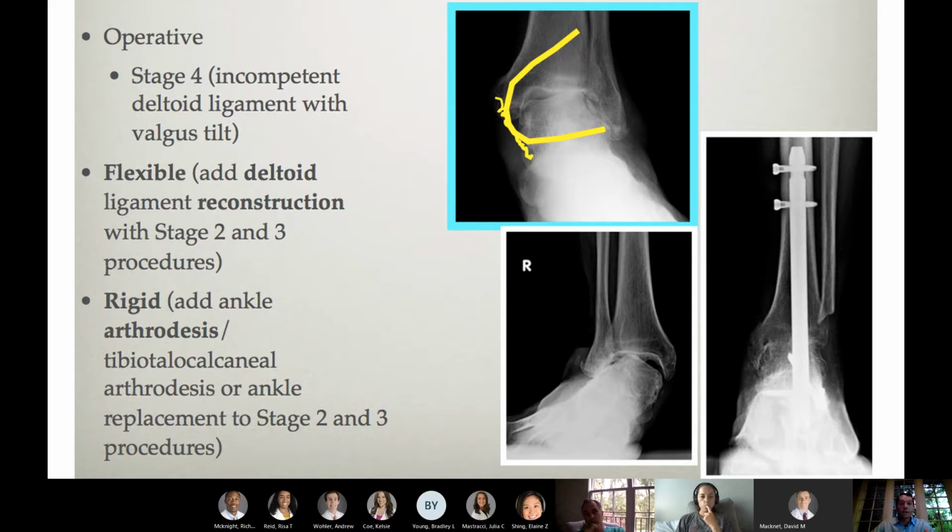Your options, if it's flexible, is to do a deltoid ligament reconstruction, which doesn't have consistently literature proven results. Steve Haddad's the guy who popularized this, and these are his slides, so keep that in mind. Valgus, like in that second image, doing an ankle fusion, which is really going to be a TTC fusion because they all have degeneration of the subtalar joint. That's your treatment option.